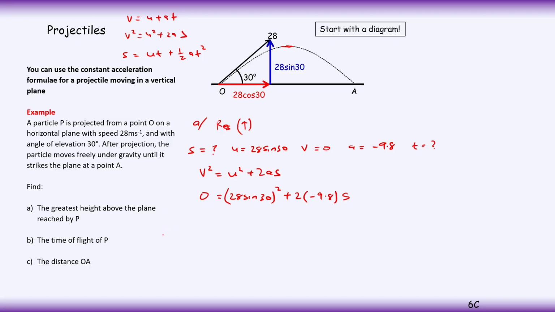So that's going to be 19.6 S is equal to, if I work that out on my calculator, conveniently 196. That means S is equal to 196 divided by 19.6, which is 10. So the greatest height above the plane is 10 meters.